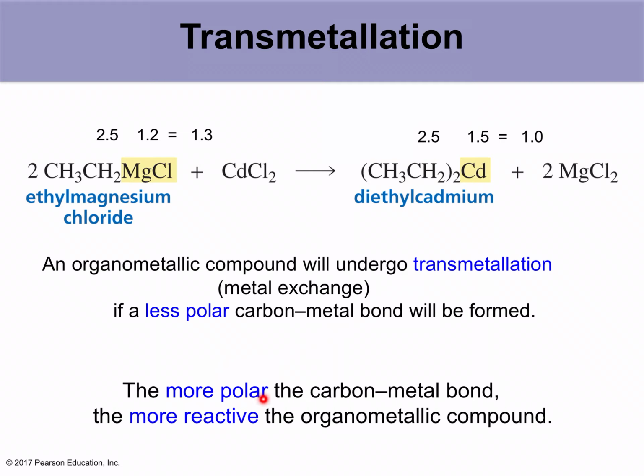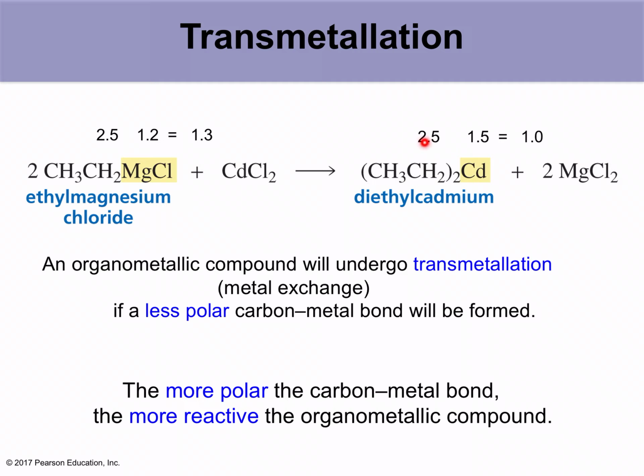The more polar the carbon metal bond, the more reactive the organometallic compound. Between these two, which one is going to be more reactive? The more polar bond, which is between carbon and magnesium compared to carbon and cadmium. This is more reactive. So in the presence of the cadmium, it will form this one.